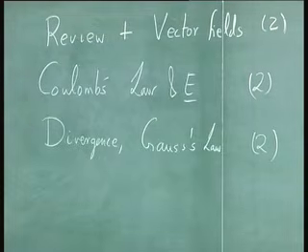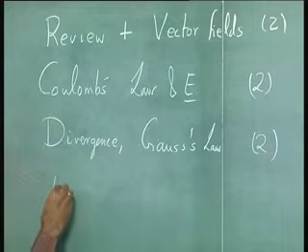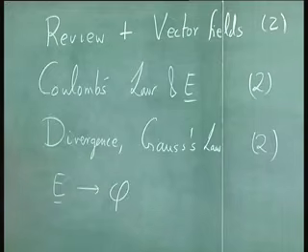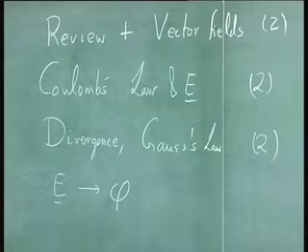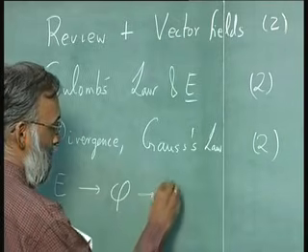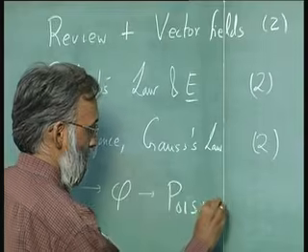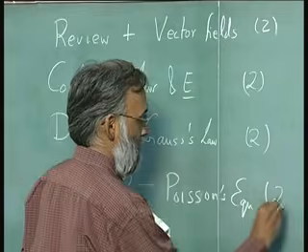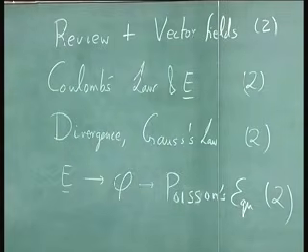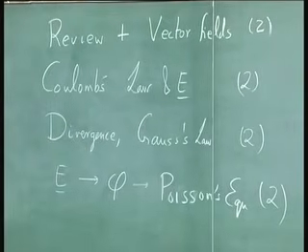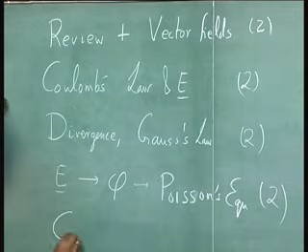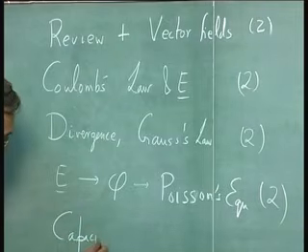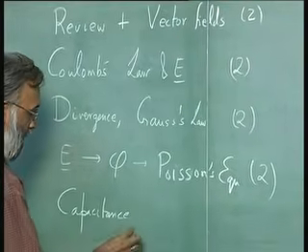Once we have done Gauss's law, we should be able to go from electric field to electrostatic potential, and from electrostatic potential we should get to Poisson's equation. Another 2 lectures. Once we have finished these fundamental ideas, then we will start applying them. First of all, what is the notion of capacitance and stored energy?